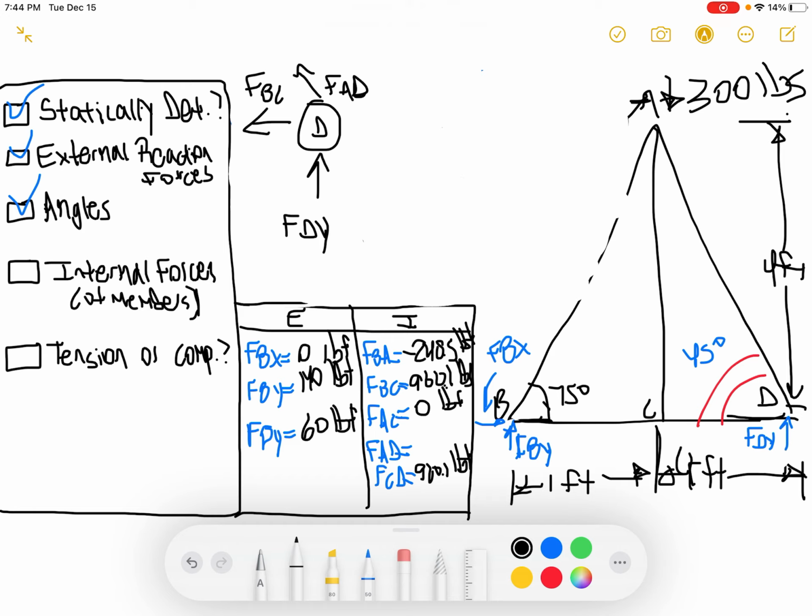We need to find FAD, and remember when we're trying to find a diagonal force, we need to know the angle, but it has to be relative to the positive x-axis. This is the negative x-axis. Even though we know 45 degrees is right here, that's the negative x-axis.